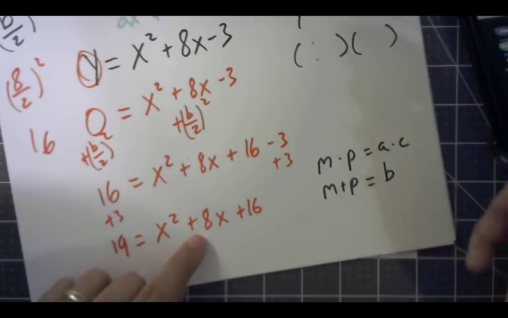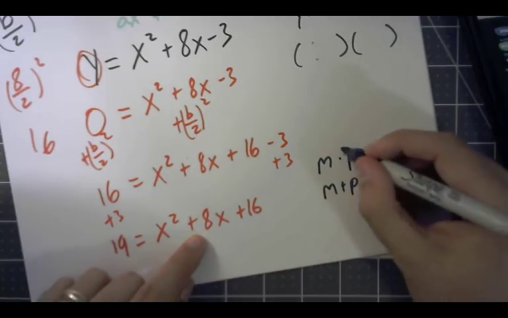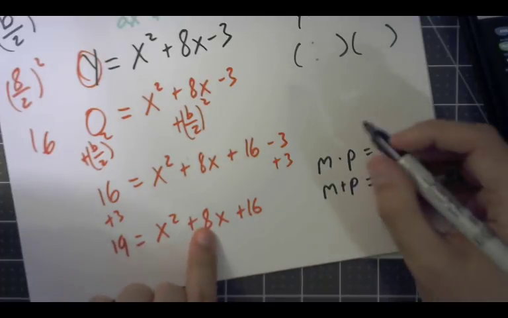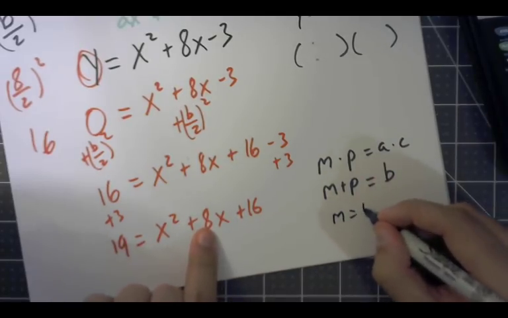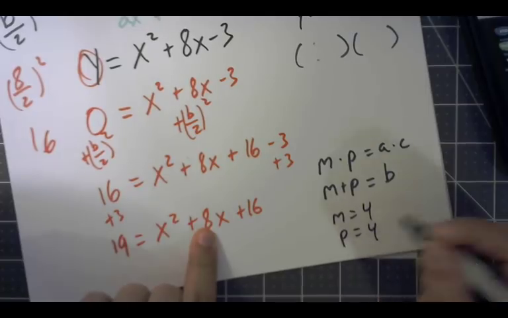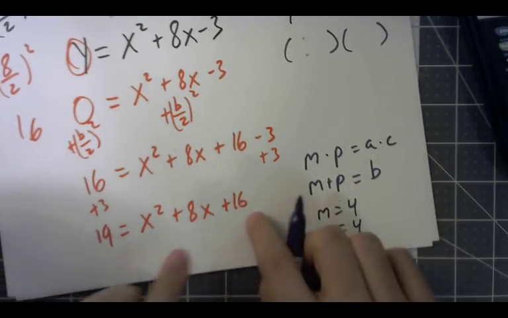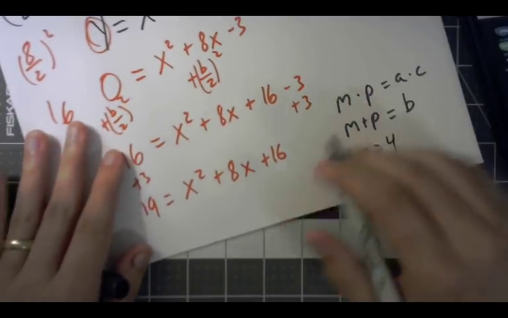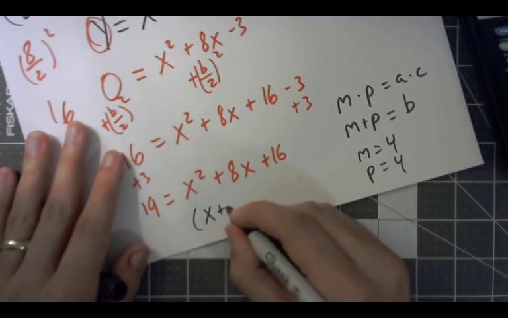Luckily now, instead of m and p, we can just do 2 m's. I get 4 and 4.